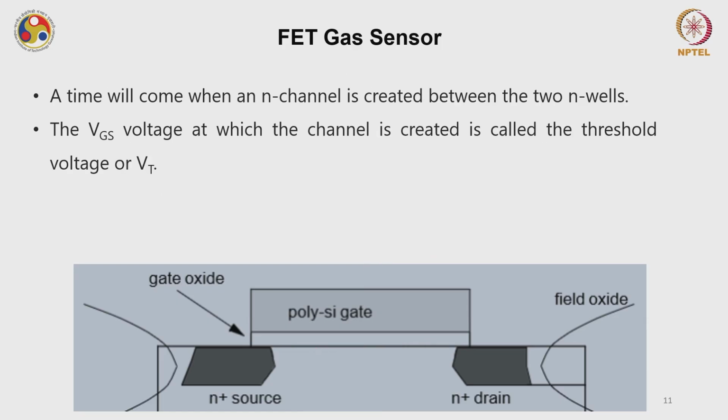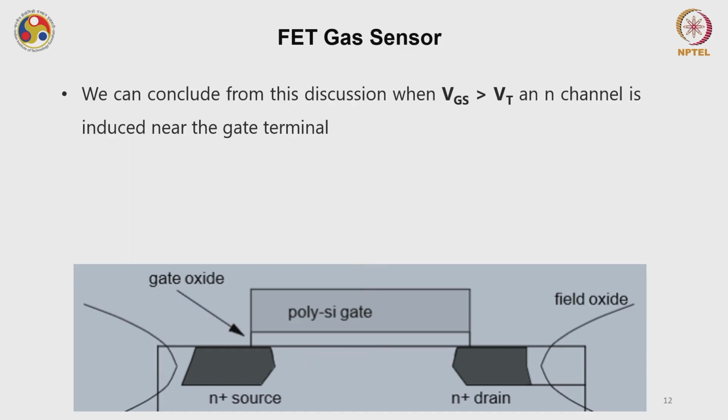Okay. Now, if you go on increasing this, a time will come when an n channel is created between these two wells. Okay. So you have a sufficient number of electrons to form a channel. So, the VGS voltage at which the channel is created is called the threshold voltage, VT.